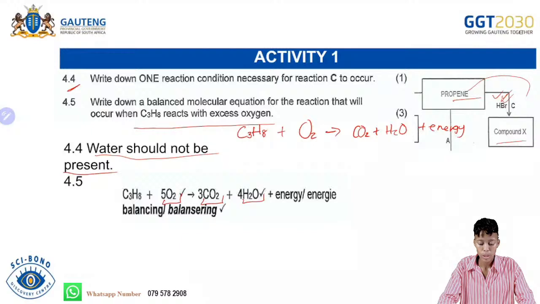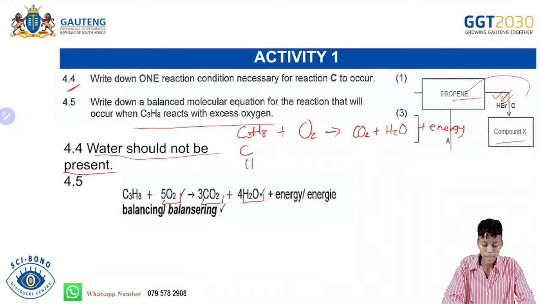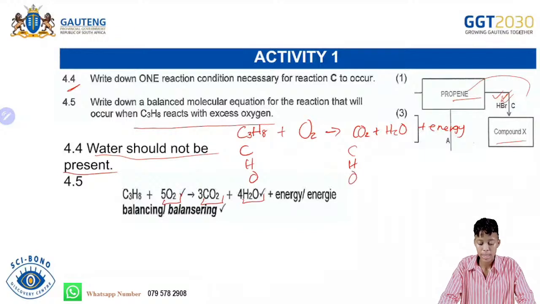So you need to make sure that the carbon, the hydrogen, and the oxygen on the left-hand side are balanced with the carbon, the hydrogen, and the oxygen on the right-hand side. Firstly, check how many carbons you have on the left-hand side. We have 3 carbons. On the right-hand side we have 1 carbon.